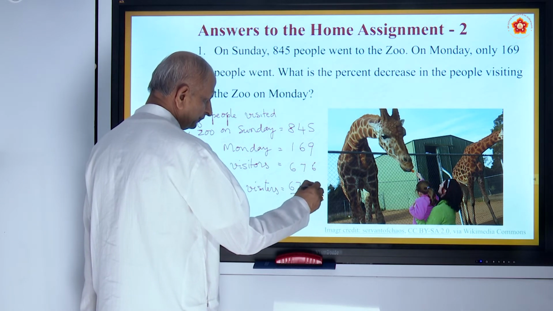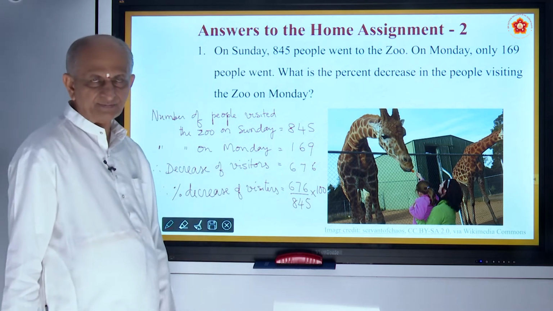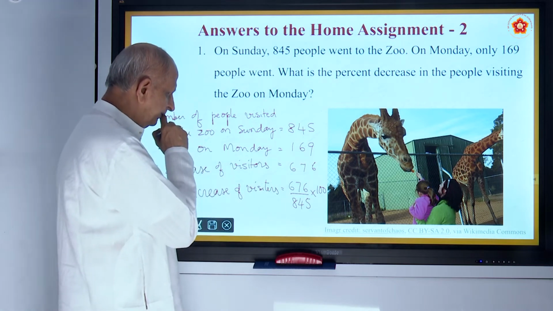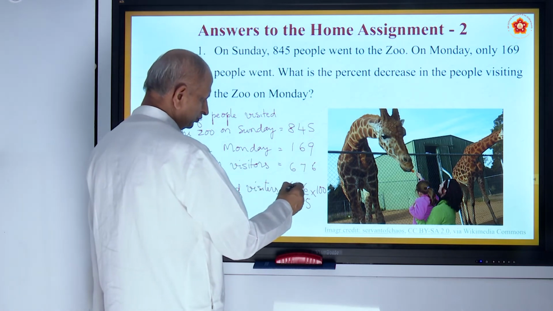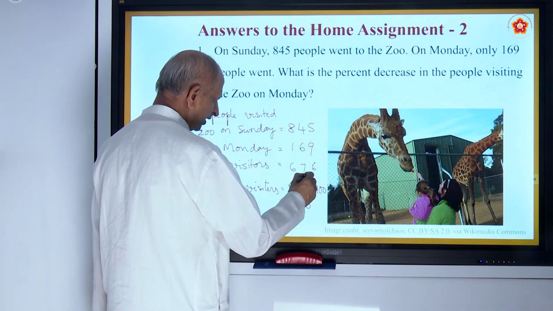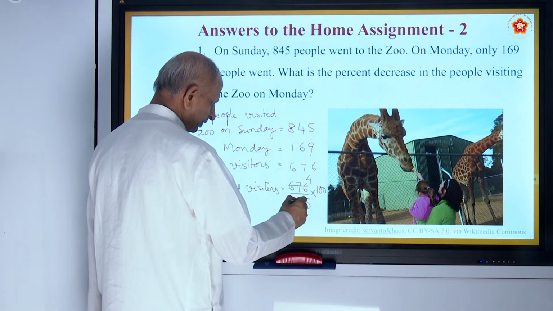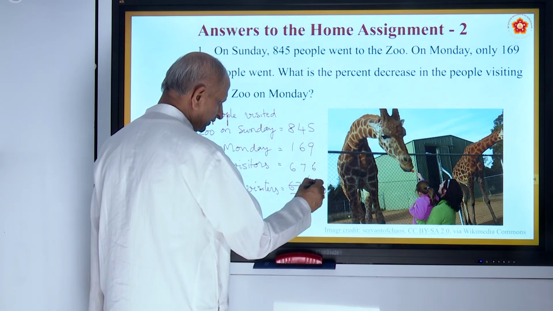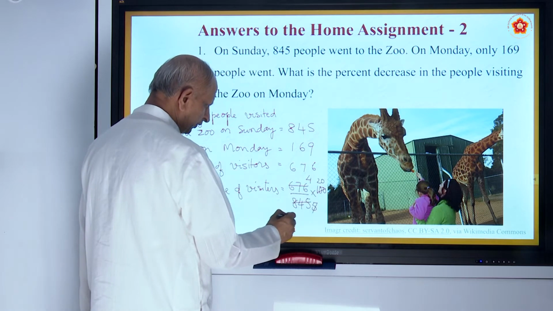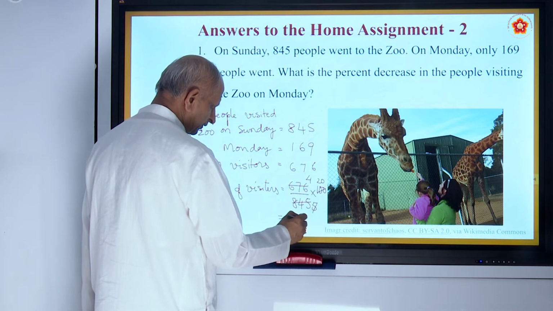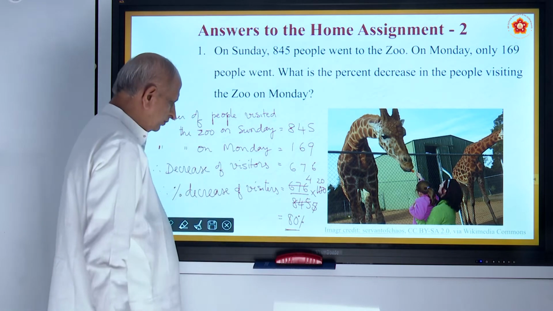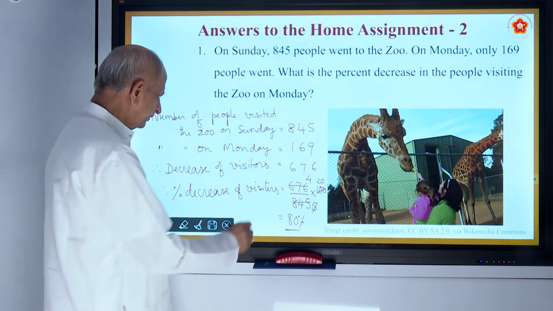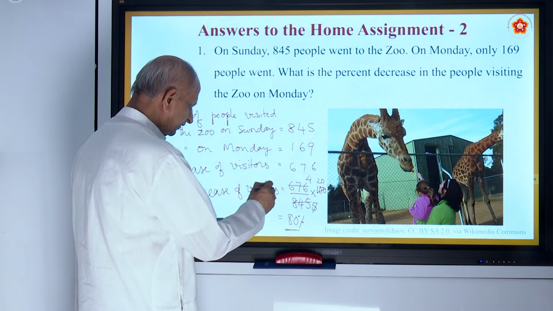For 100 how much? Percent means for 100. So this will be 169 for the 169 5s are 845, 5 ones are 5, 20, 20 into 4 is 80%. So the percentage decrease is 80%. Visitors.